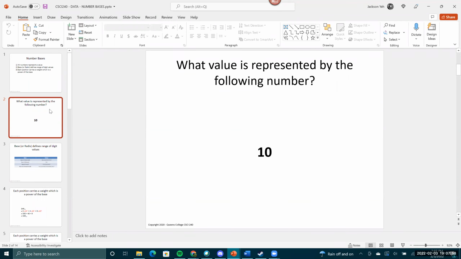For example, I mentioned earlier that if you're in a supermarket, or at the gas station, or in a restaurant, the value is 10, because in everyday life, we use what's called base 10, or decimal. Which means that every digit has 10 values, 0 through 9, right? 0, 1, 2, 3, 4, 5, 6, 7, 8, 9. So 10, that's what's called base 10.